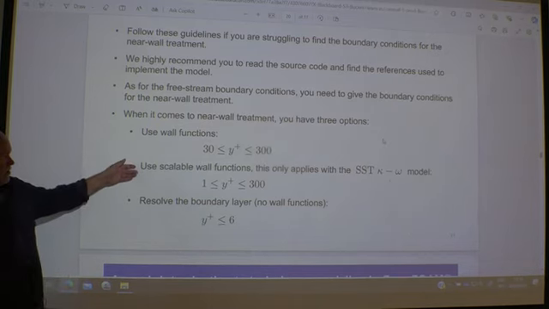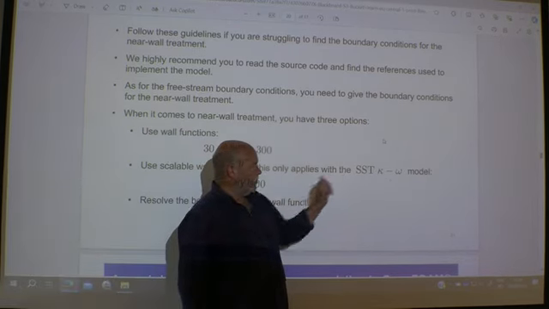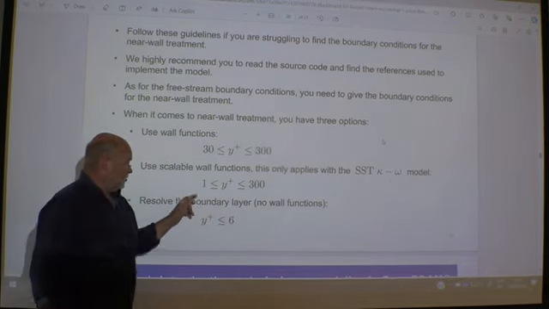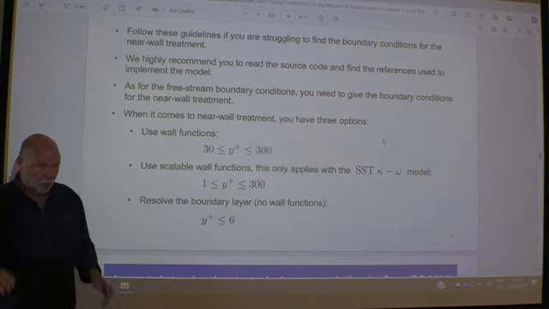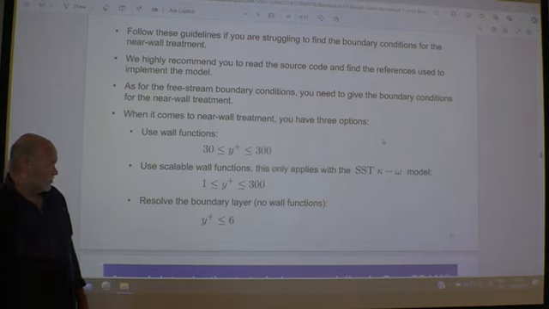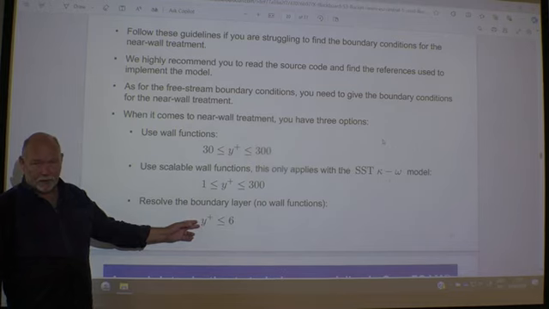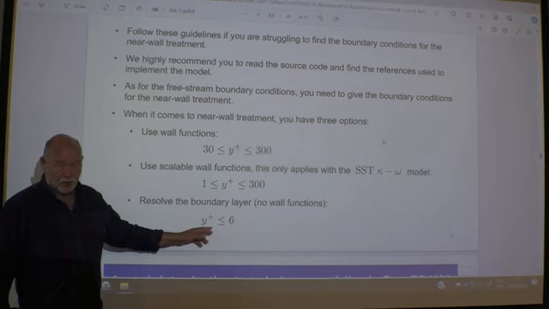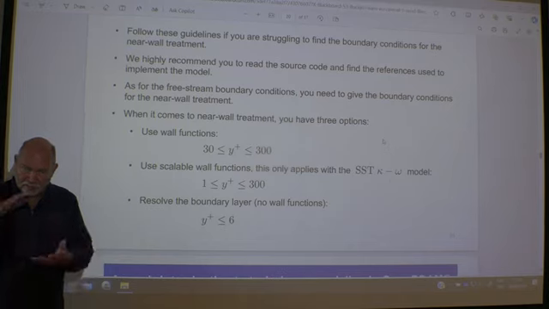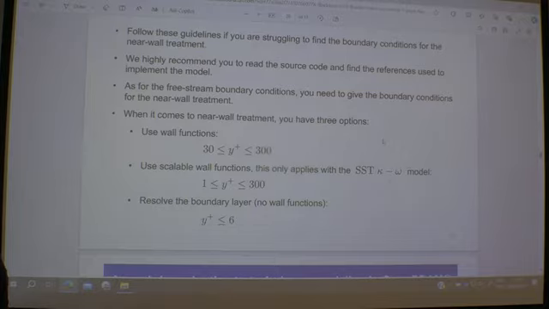We have some scalable wall functions here, but that's only for this K omega SST model. Then you can actually be between 1 and 300. So they have put in some automatic calculations for us there. Else, smaller than 6, that's the limit. Must be smaller than 6, should actually be close to 1, to really resolve the boundary layer well. Then you can use more natural boundary conditions.